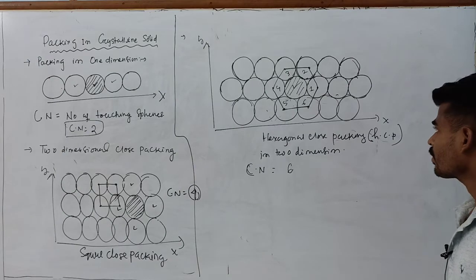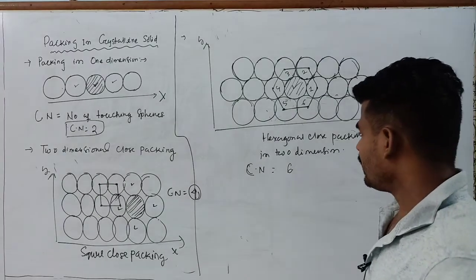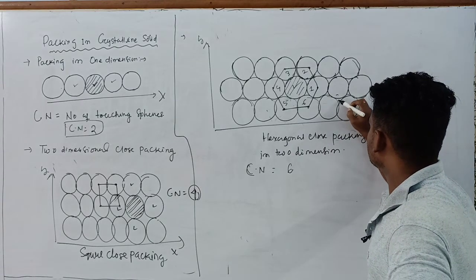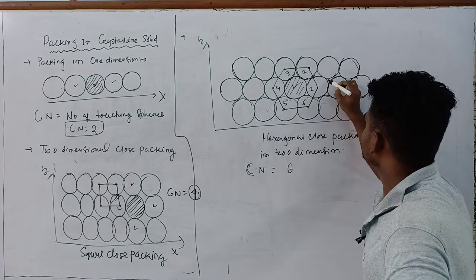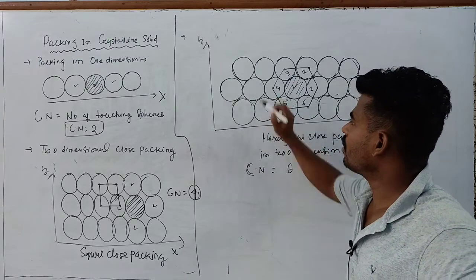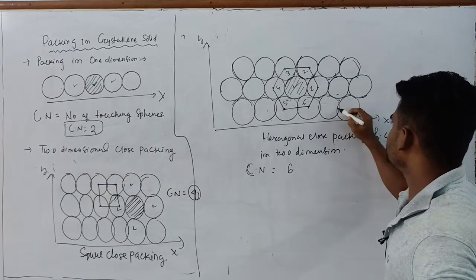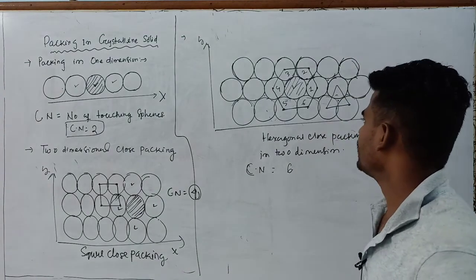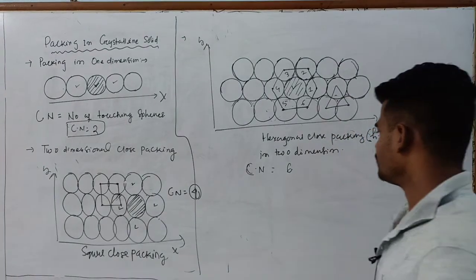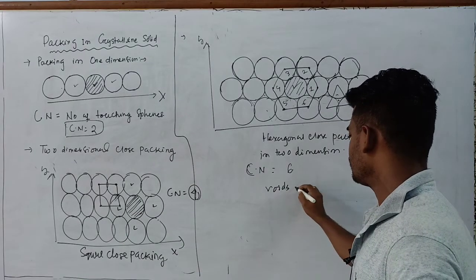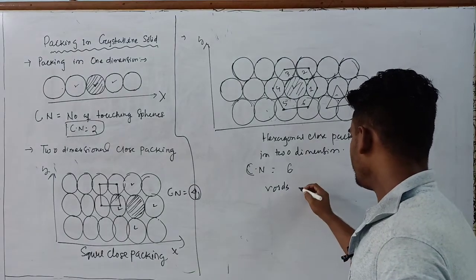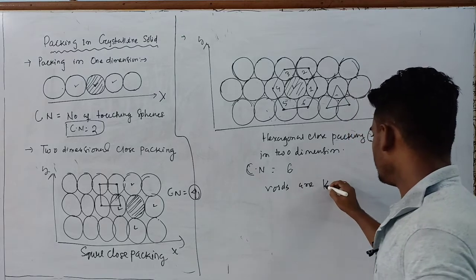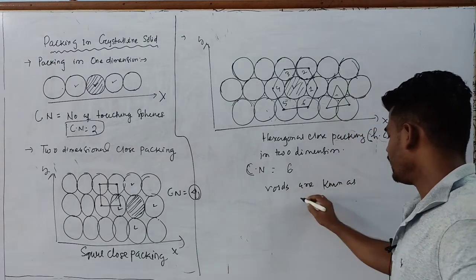Clear? And another thing you can observe over here. These empty spaces are known as voids, and each empty space corresponds to how many spheres? 3 spheres, you see. So the voids you are getting over here are triangular voids.